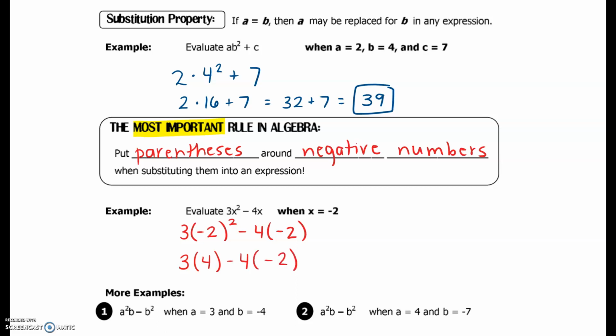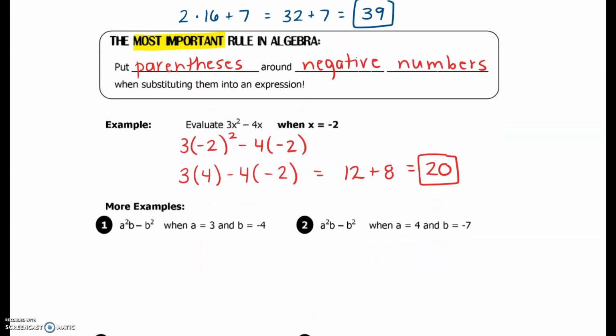At this point, we will continue with multiplication. So 3 times 4 is 12. And negative 4 times negative 2 is positive 8. 12 plus 8 would give us a positive 20 for our final answer for our example.